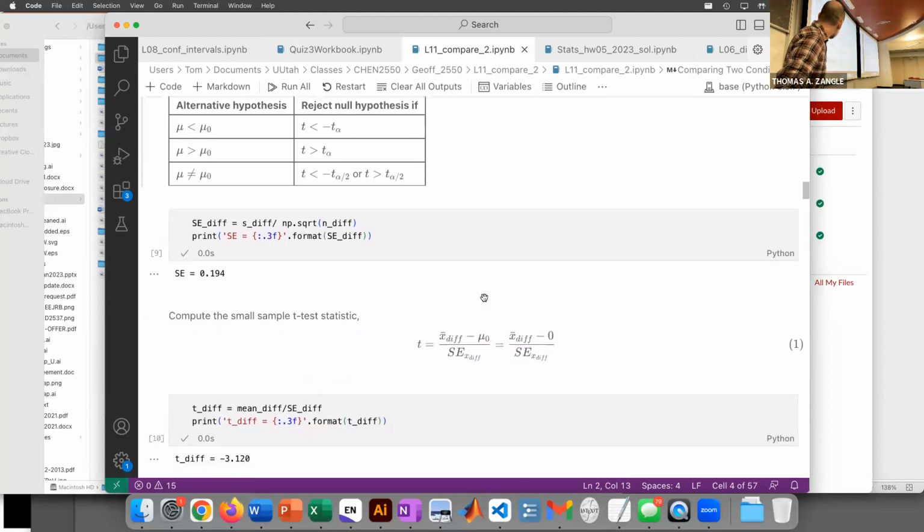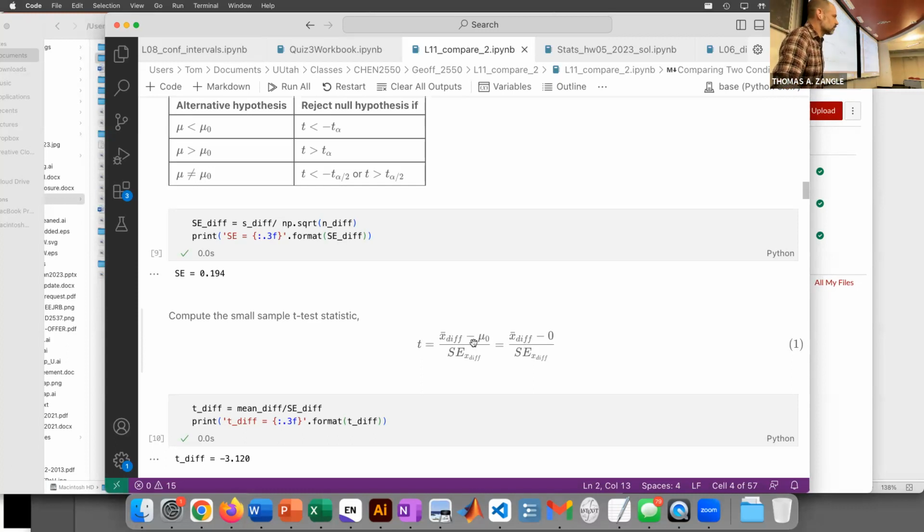And so now we're going to compute the small sample t-statistic for our measured values. This is going to be the sample mean minus the mean that we're testing against in the null hypothesis, over the standard error of that value.